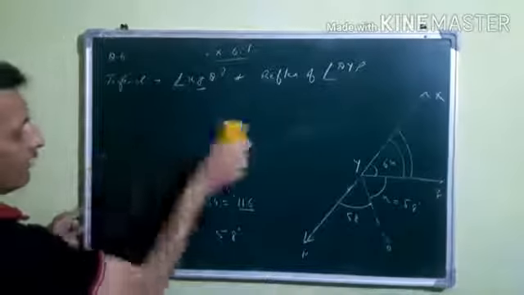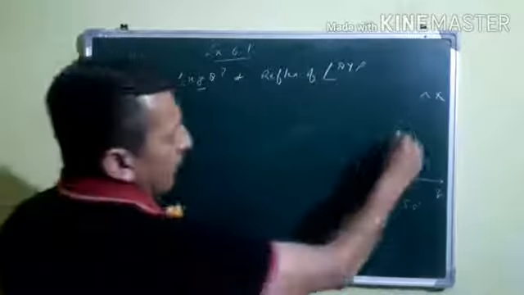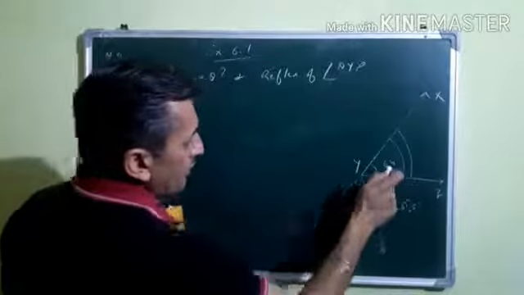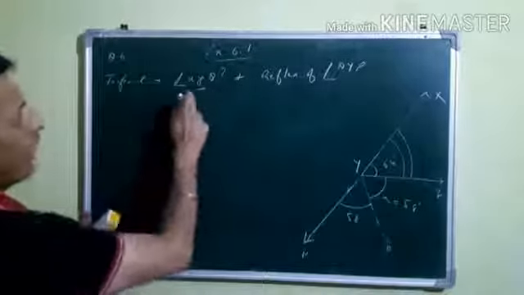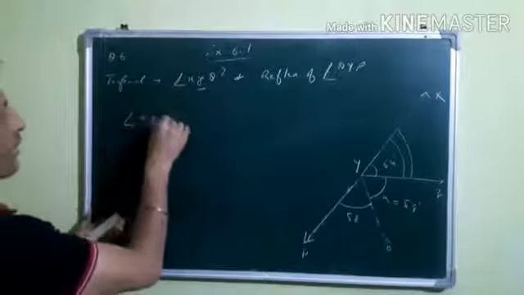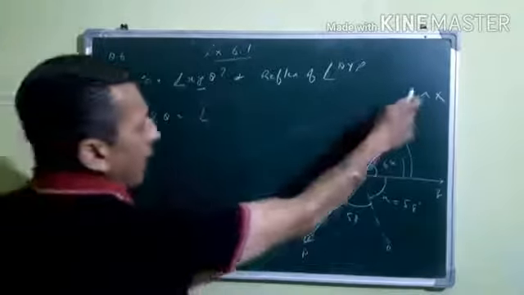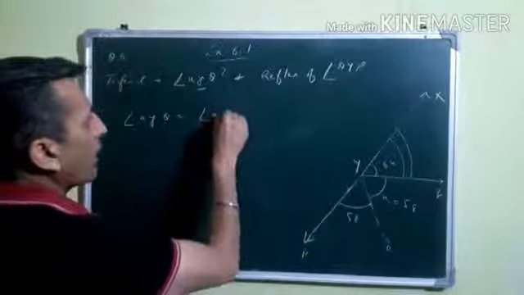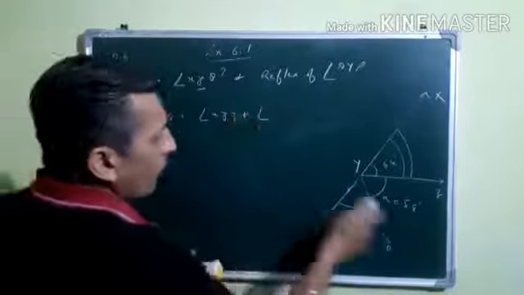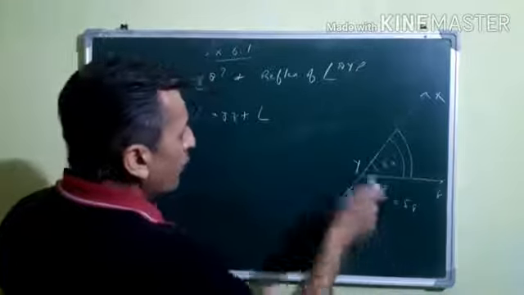Okay, now he said that you have to find this angle, that means this plus this. So if you need angle XYQ, XYQ is the sum of these two angles, that means angle XYZ plus angle ZYQ.